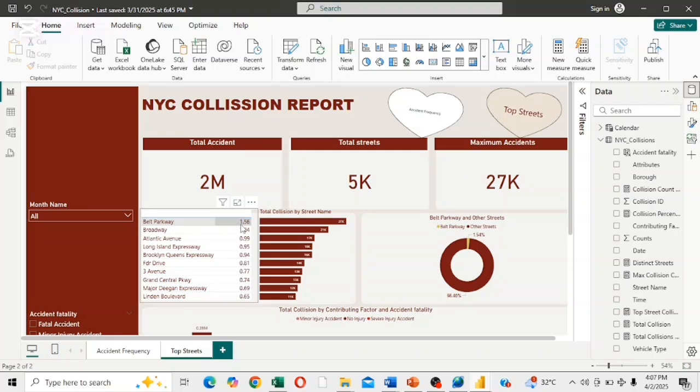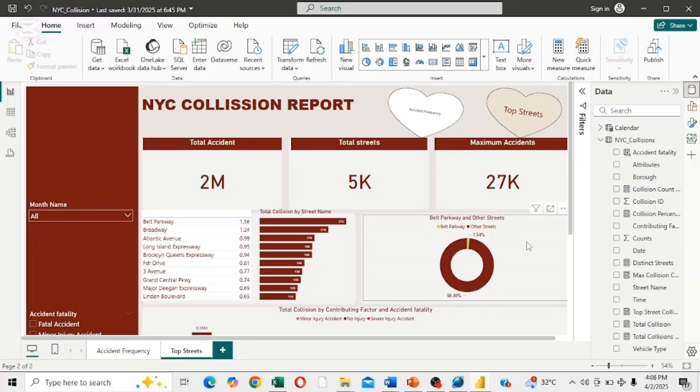For Belt Parkway, that's 1.56%. That's a total of 26,960. And Broadway is also 1.24%, and that's 21,384 accidents. The maximum accidents, according to one of the KPIs that I have here, is 27,000 accidents, which happen on Belt Parkway.